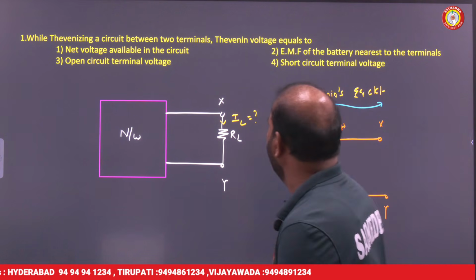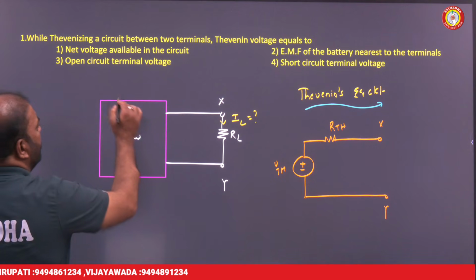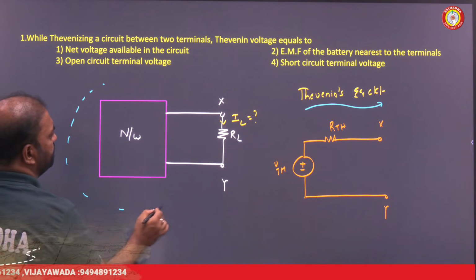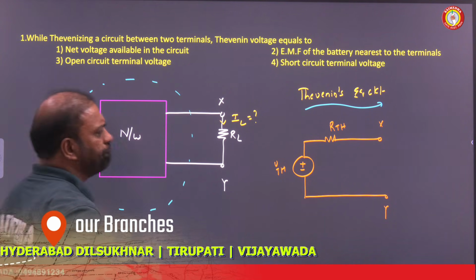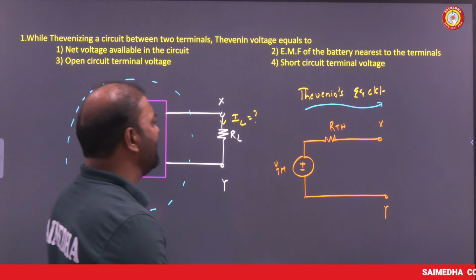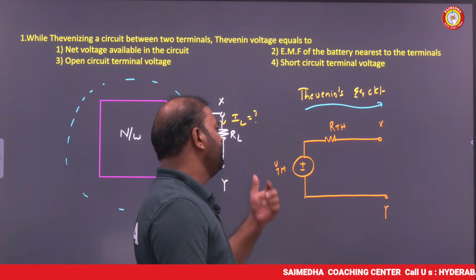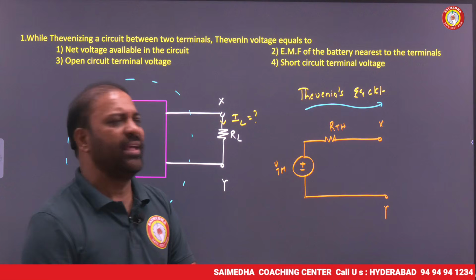This is nothing but excluding the load resistance. So when we are applying Thevenin's theorem, excluding the load resistance, the whole network is represented by Thevenin's equivalent circuit, which consists of Thevenin's voltage source in series with Thevenin's resistance.